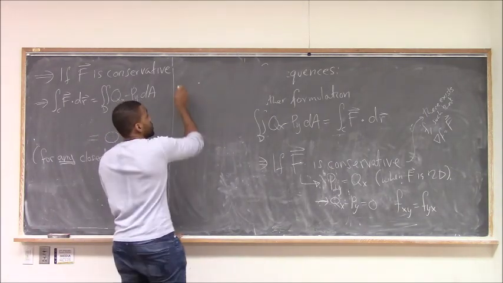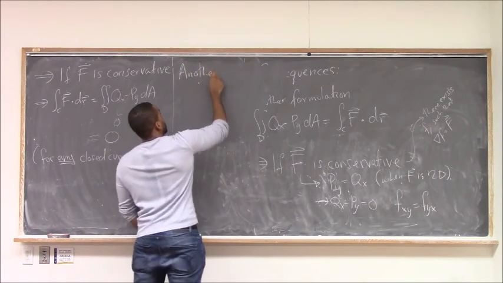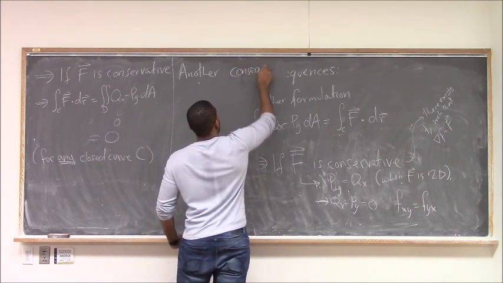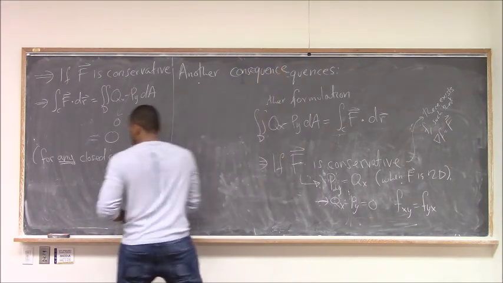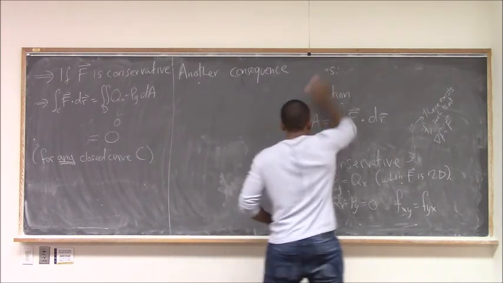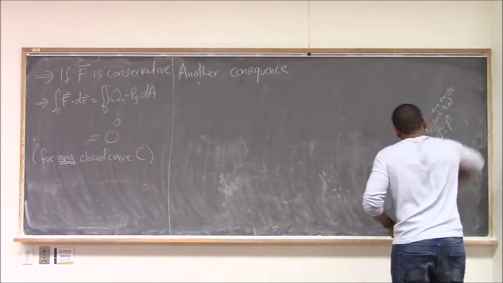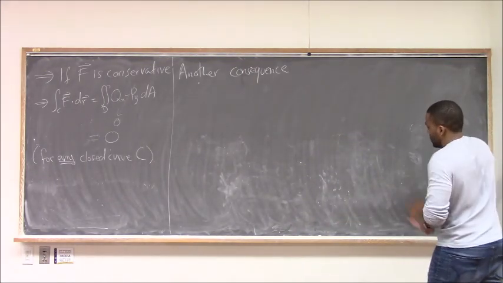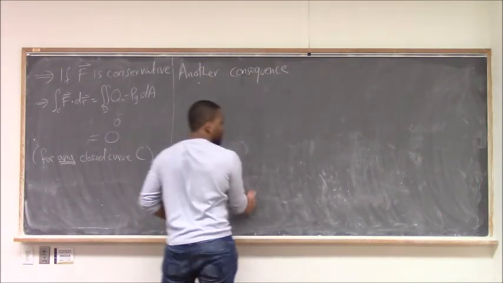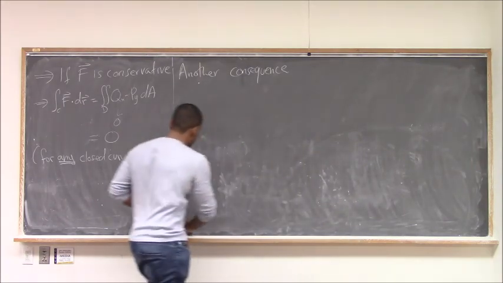Another consequence is that Green's theorem can allow us to use a single integral to compute area. So we're used to thinking of areas in terms of double integrals, but it turns out Green's theorem tells you that a certain double integral is equivalent to a single integral.